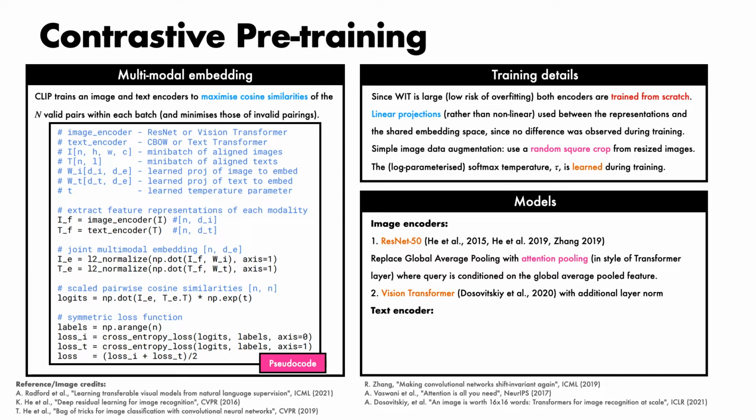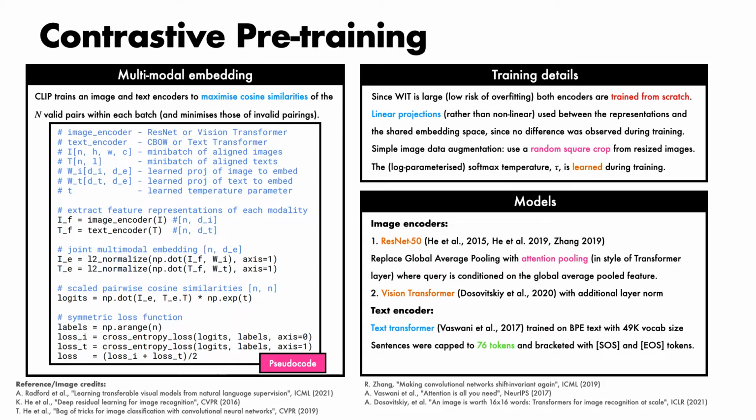For the text encoder, the authors explore various transformers trained on byte pair encoded text with a vocabulary size of 49,000. Each text description is capped to 76 tokens for efficient processing, then bracketed with start of sequence and end of sequence tokens.